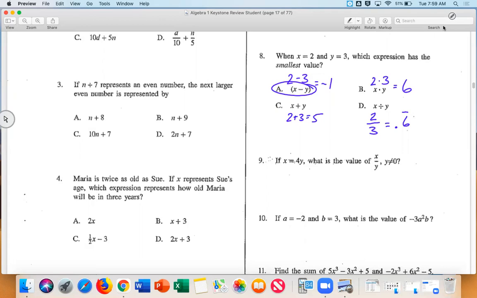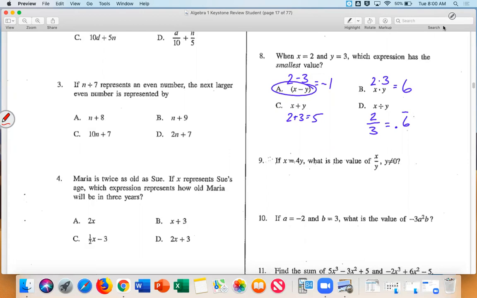Okay. All right, Mackenzie, can you help me out with number 9? Yeah. Okay. So it says x equals 4y. What is the value of x divided by 4, or x divided by y? Do you know how to do that? No. Okay. Well, let's look up here at this statement that says x equals 4 times y.